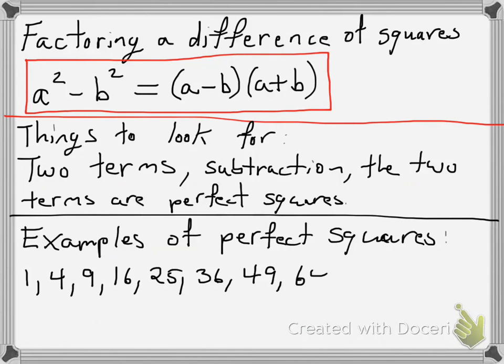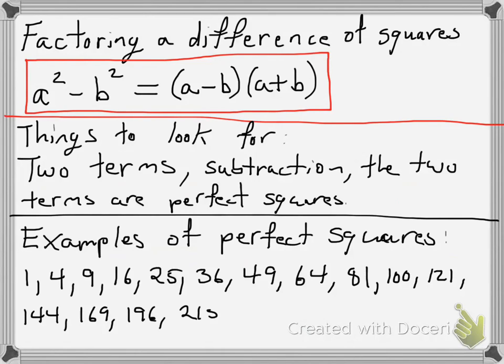Alright, so here's a big long list. 1, 4, 9, 16, 25, 36, 49, 64, 81, 100, 121, 144, 169, 196. Isn't this exciting? And 225. I don't know if 256 is one. Let me go check on that one. 256 is okay. Sorry about that.